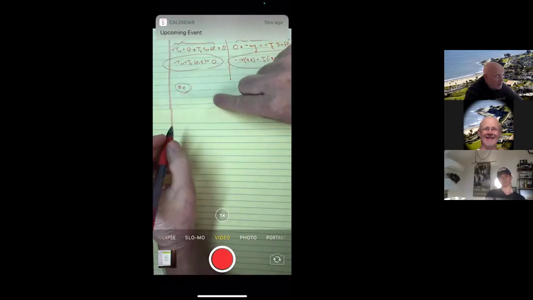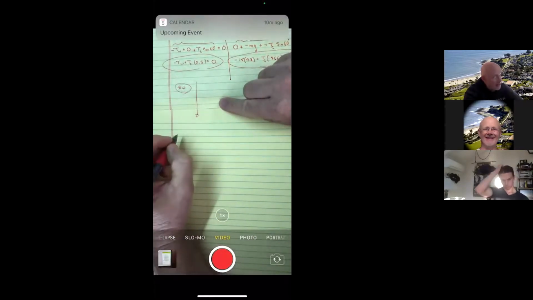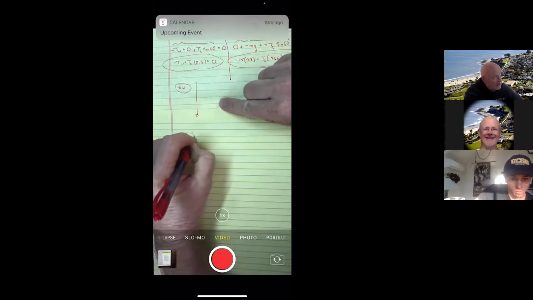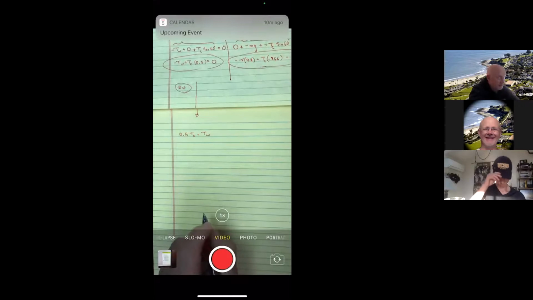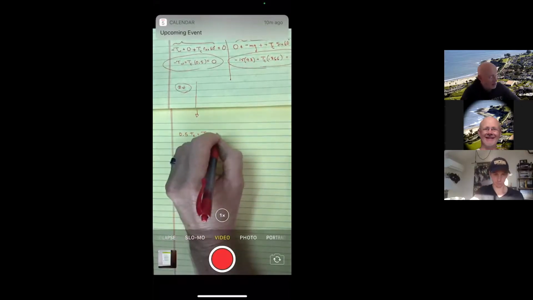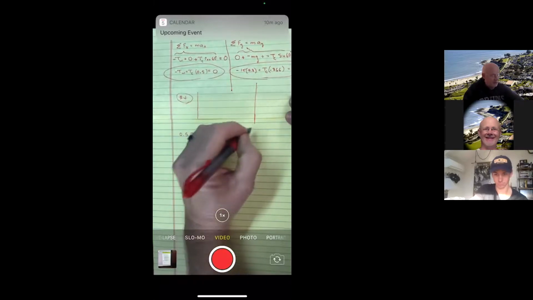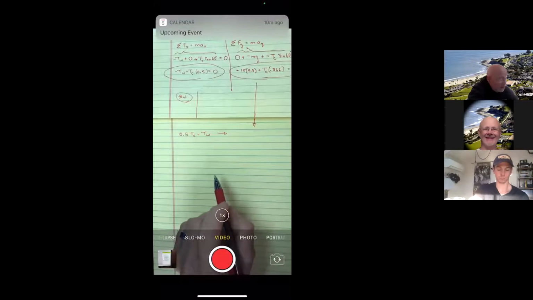Why don't I do this? Why don't I take that first equation and rewrite it so that it says 0.5 TC equals TW. Now, why don't I use that in the second equation? Oh, wait a minute. My bad.